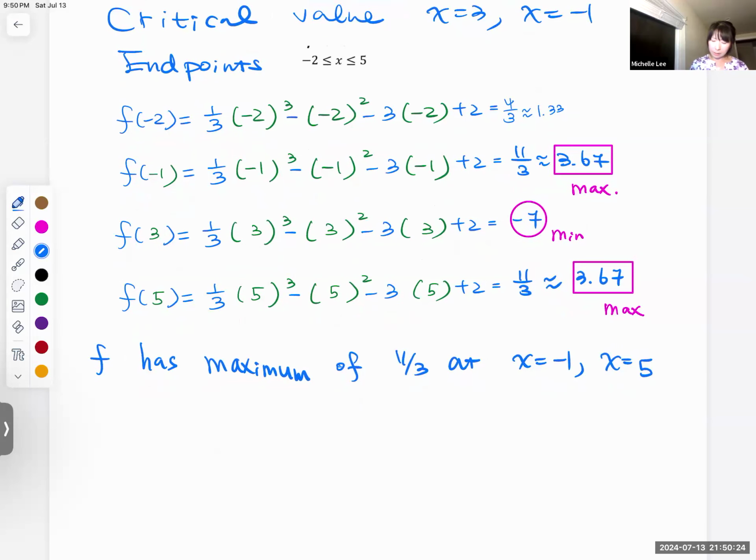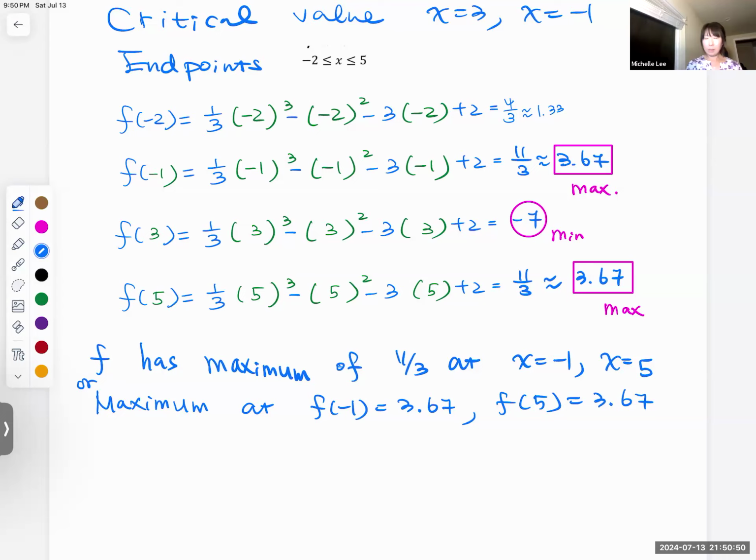Or we can express the maximum as f of -1 equal to 3.67 and f of 5 equal to 3.67.